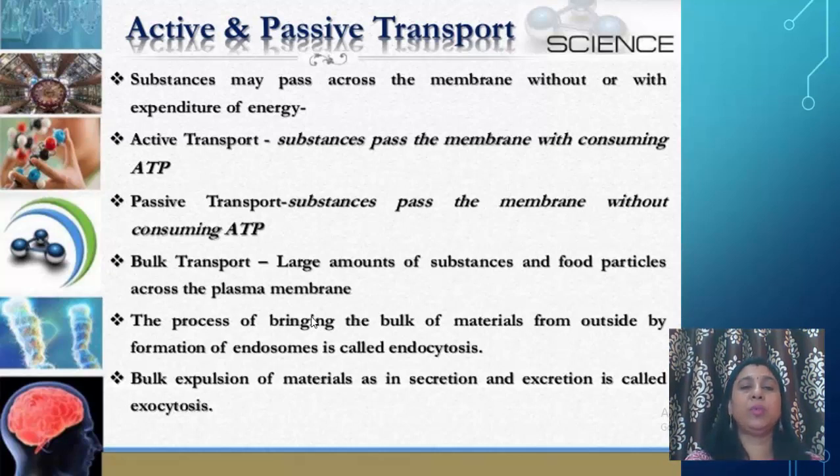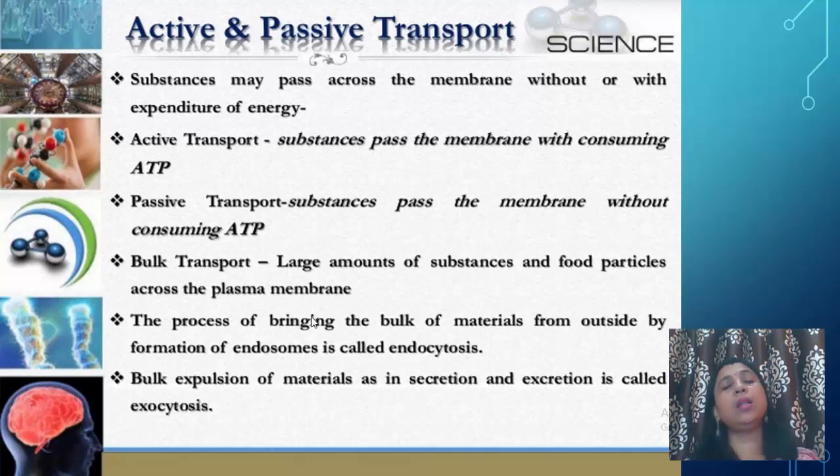Now what is bulk transport? Large amounts of substances and food particles pass across the plasma membrane, so it is known as bulk transport. The process of bringing the bulk of materials from outside by the formation of endosomes is called endocytosis.